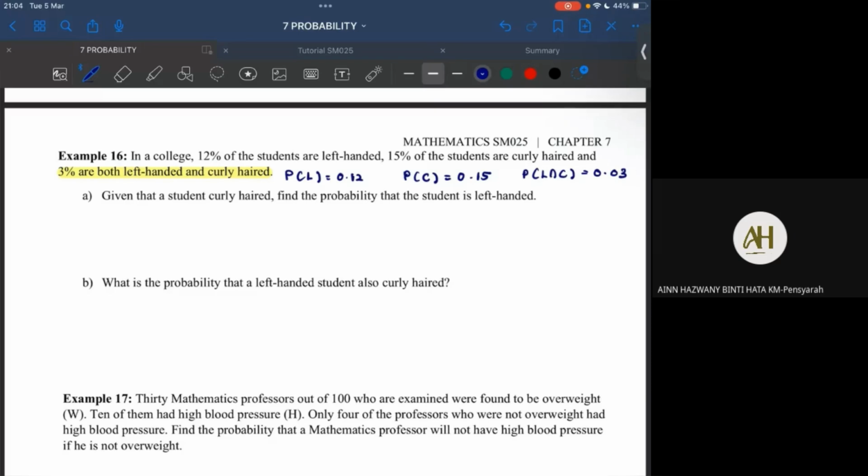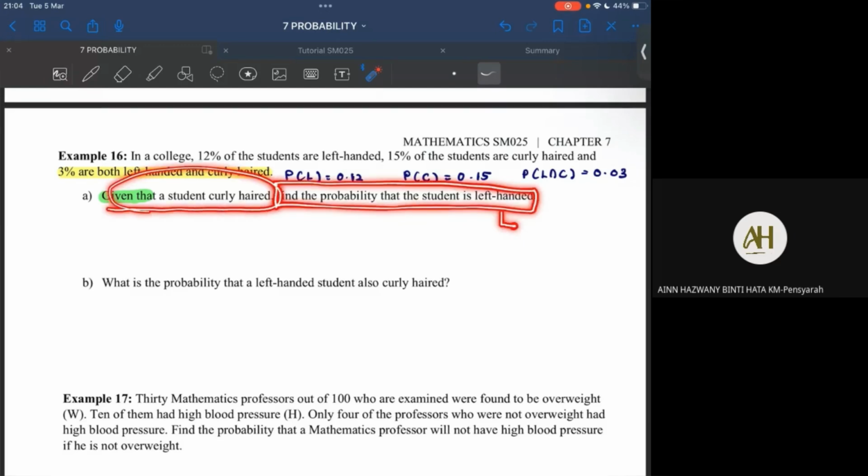So soalan A. Keyword dia dekat sini ialah given that. Ingat, selepas ayat given that itu mesti ada dekat belakang. Okay, event tersebut mesti ada dekat belakang. So, kiranya kalau kita susun balik, find the probability that the student is left-handed given that a student is curly head.